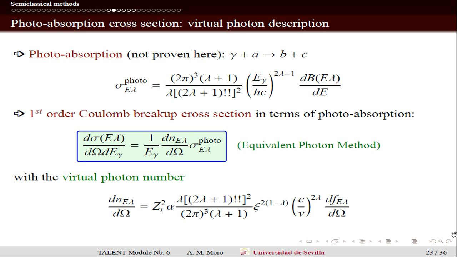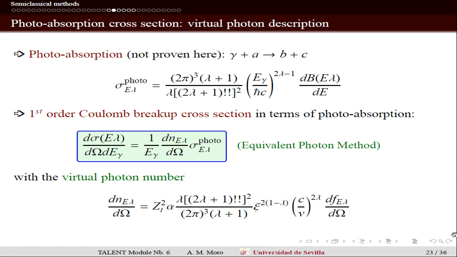And the factor that we get when we play with these equations, you can do this on your own to convince yourself. This factor will contain, of course, these f functions that we have introduced and some other kinematical factors. So we put all the kinematical factors into this quantity. This quantity is usually called in the literature the virtual photon number, or the number of equivalent photons, and the name comes from the fact that you can interpret our Coulomb dissociation process as an exchange of photons between the projectile and target.